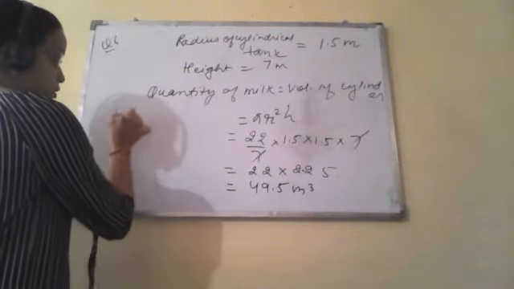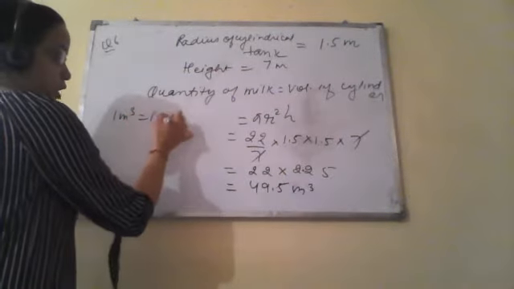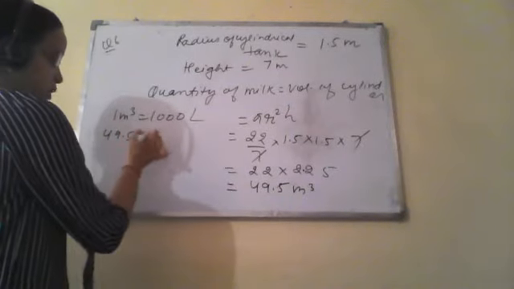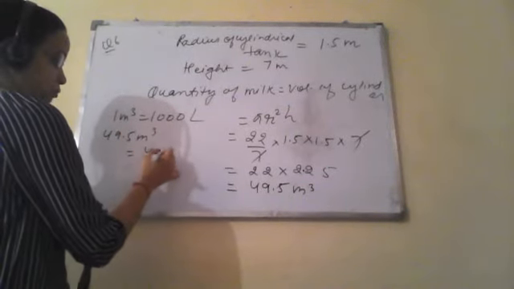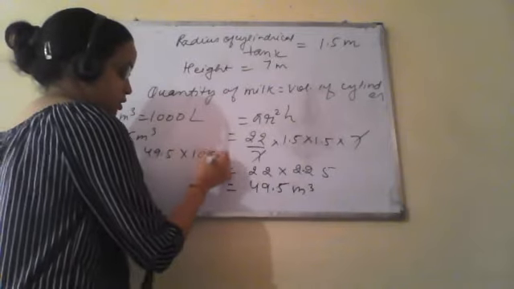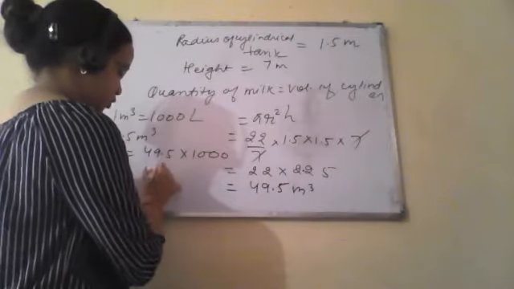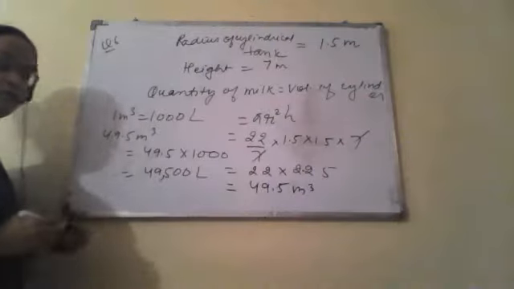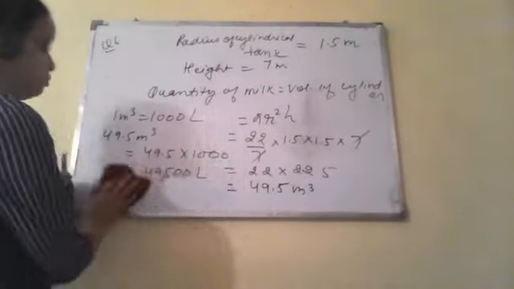So 1 meter cube equals 1000 liters. So 49.5 meter cube will be equal to 49.5 into 1000 liter. So it is 49,500 liters. 49,500 liters it can hold.